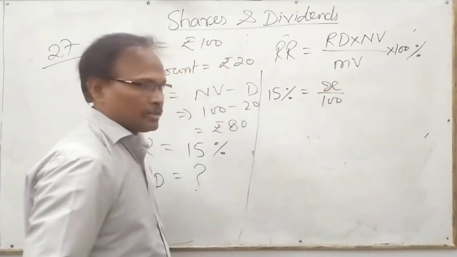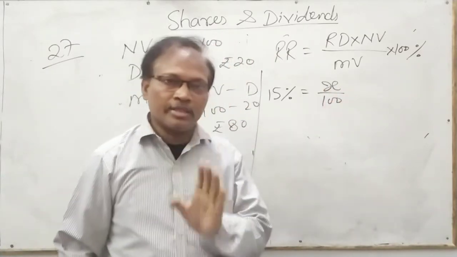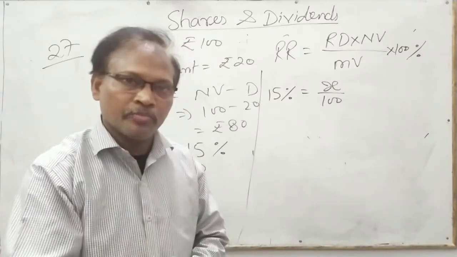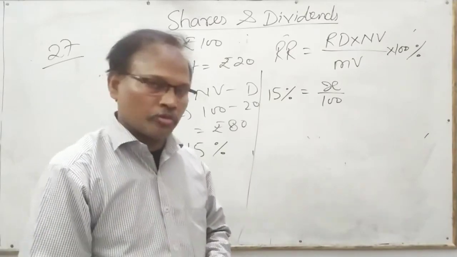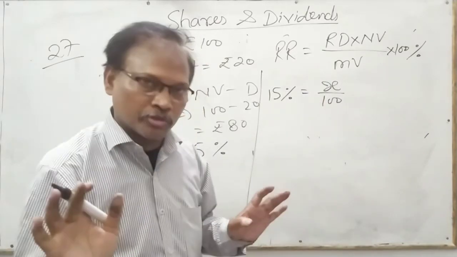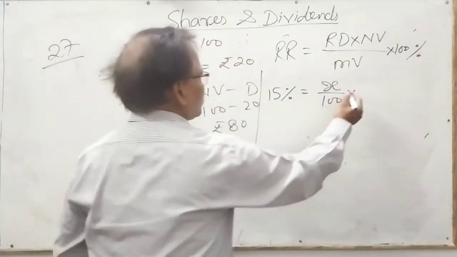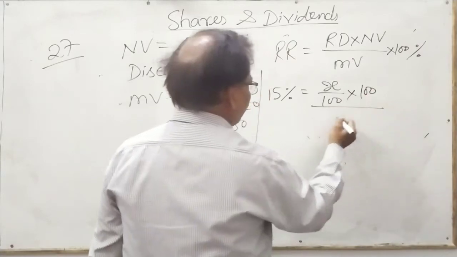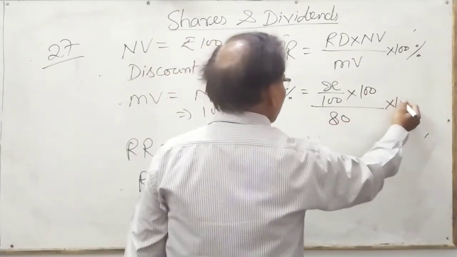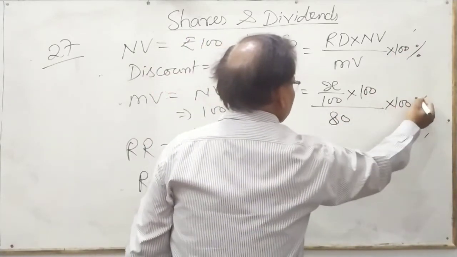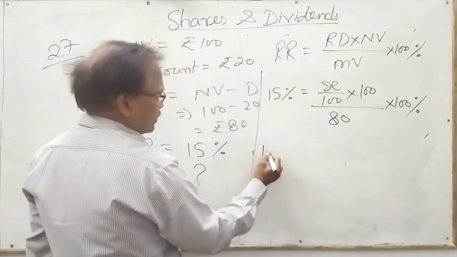So X upon 100. जब भी RD पूछा जाए, in that case you have to let the RD be X%. So X upon 100 in any question. NV is rupees 100. Market value is rupees 80, into 100. This one percent. So what you will get?